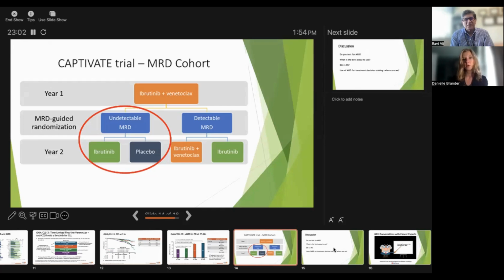Maybe, if you're on to the second generation BTK inhibitors, then the risk benefit of combination therapy is potentially going to shift, because you're going to have potentially less toxicity even of the single agent BTK inhibitor. So when you combine it, presumably there is also less toxicity than when ibrutinib was combined.